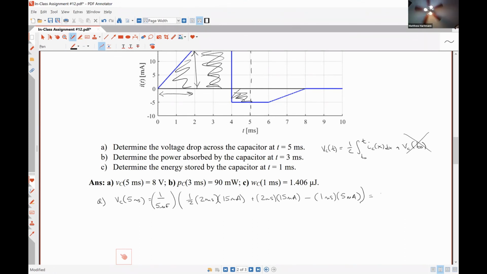I got 8 volts exactly, which appears to match here.